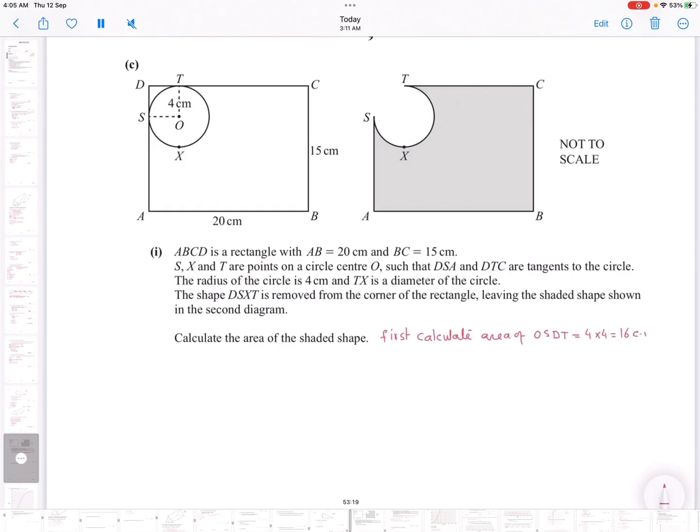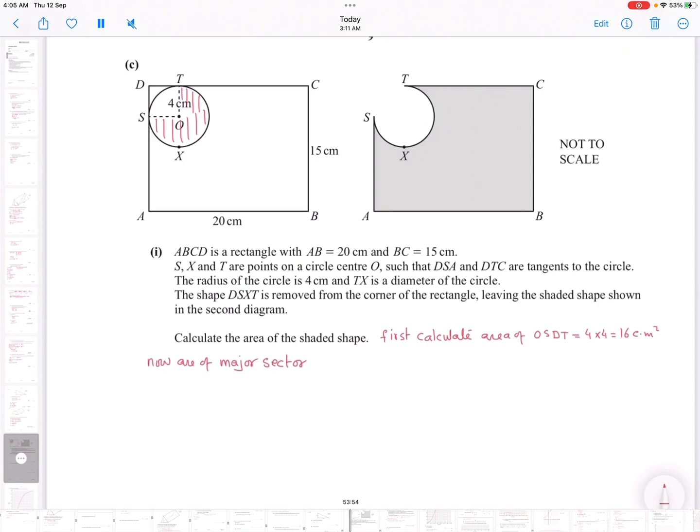So you get the area of OSDT, 16 centimeter square. Now try to find out the area of the major sector. I have shaded it for you to recognize where the major sector is.